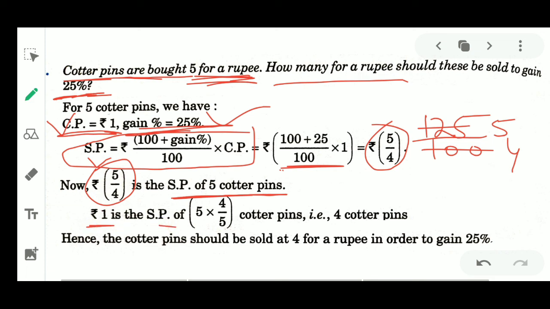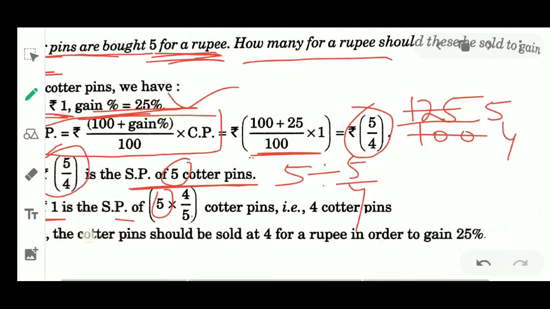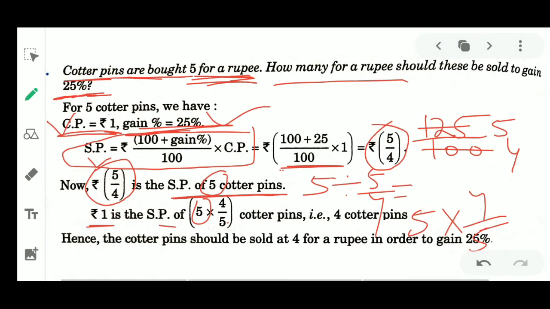Okay, so 1 rupee is the selling price of 5 divided by 5 by 4. That is equal to 5 multiplied by 4 by 5.